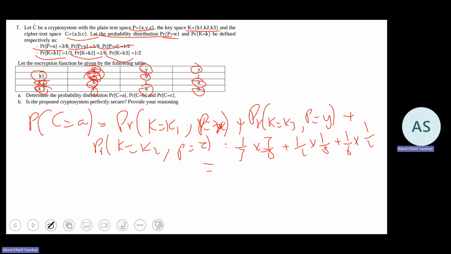After calculating them, it will be 13 over 42.